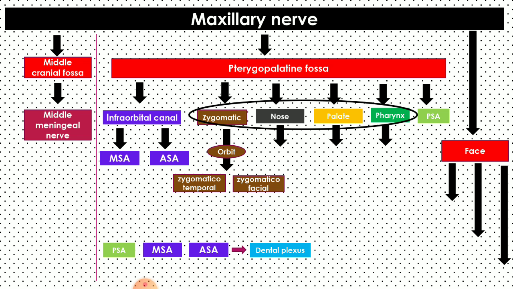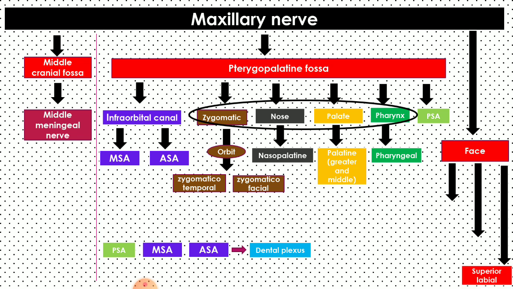Then next in the nose, the branch which arises is the nasopalatine nerve. Then palatine nerves, which are the greater palatine nerve and middle palatine nerve or lesser palatine nerve. In the pharynx, pharyngeal nerve.